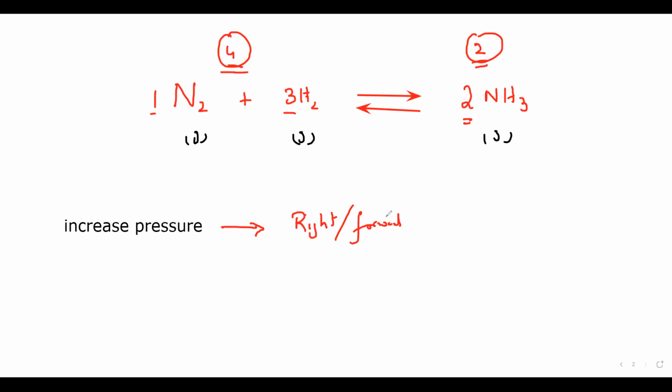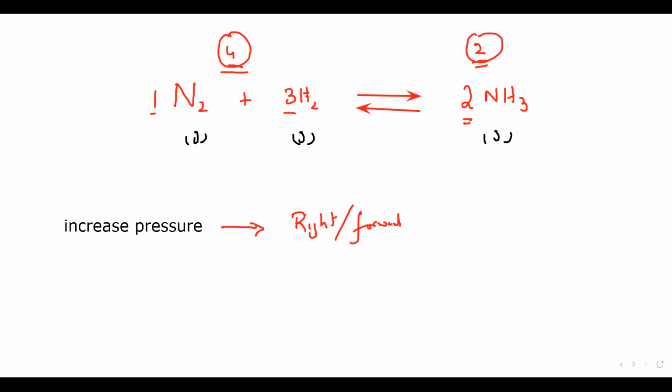But this is not always the case for all reactions. It depends on the particles of the gas, because the volume of the gas is affected by the pressure. So when we change the pressure, the amount of the gas changes. That's why the equilibrium shifted. But if we have a solid, in that case the equilibrium is not affected.